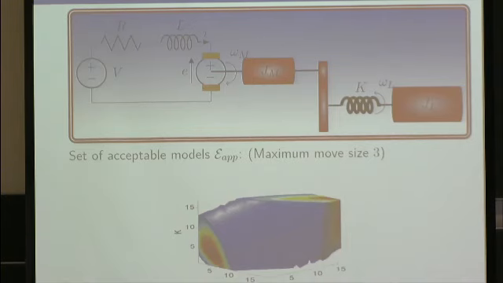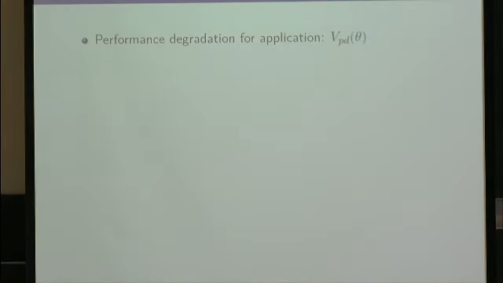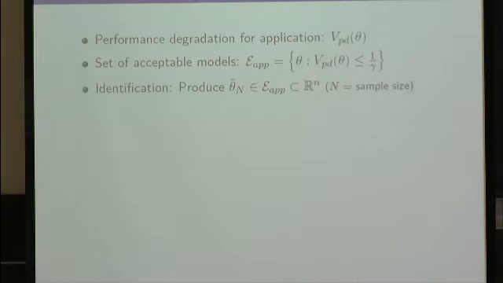So basically I don't care which parameter I have as long as it's in this set. So to summarize, I introduced this performance degradation and the corresponding set of acceptable models. So what is now the purpose of identification? Well, it's very simple. I should produce an estimate that's inside this set. Then I will be happy, or the user will be happy.